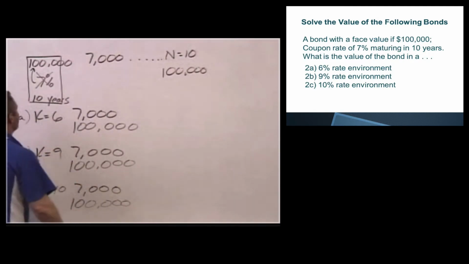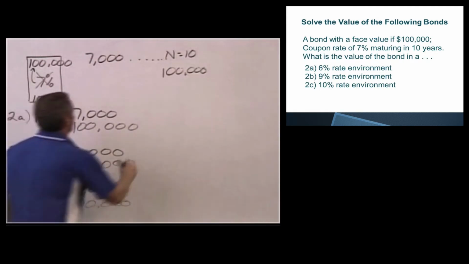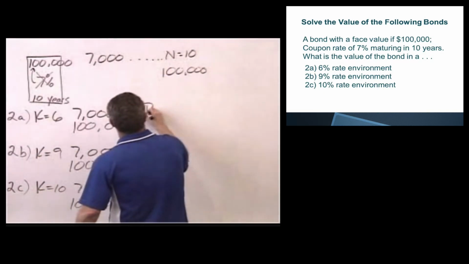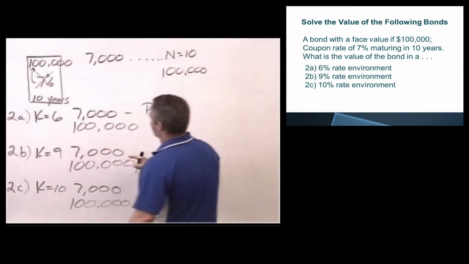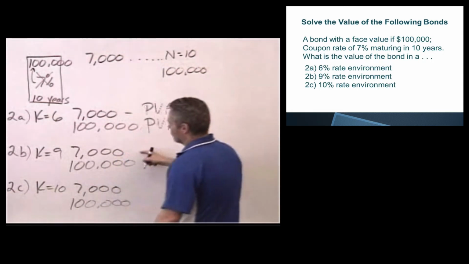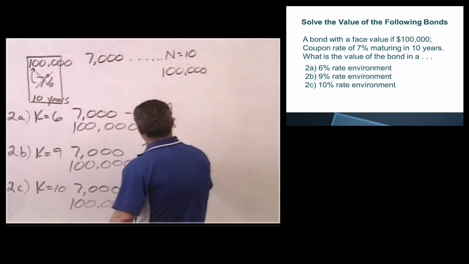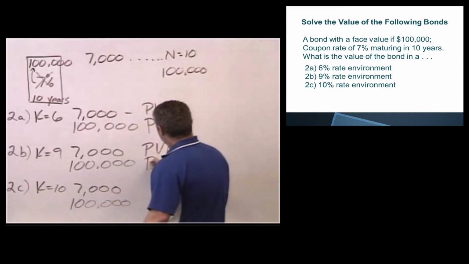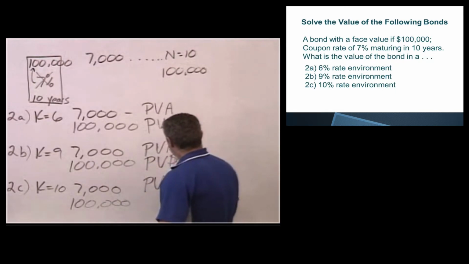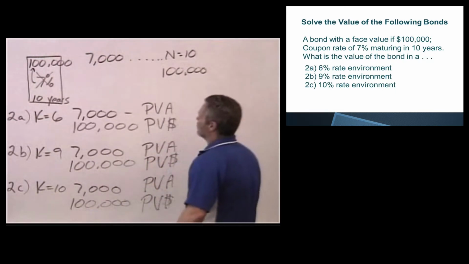To figure out the value, since we're getting our interest every single year, that's present value of an annuity. Lump sum, present value of $1.